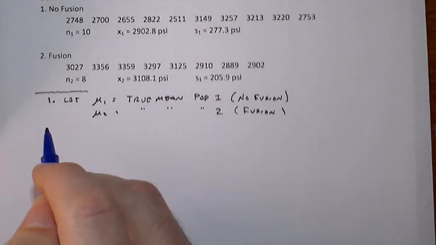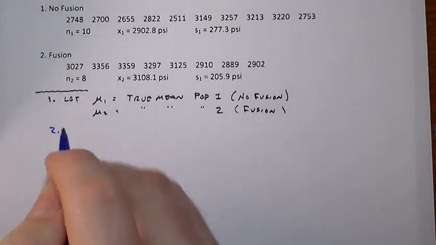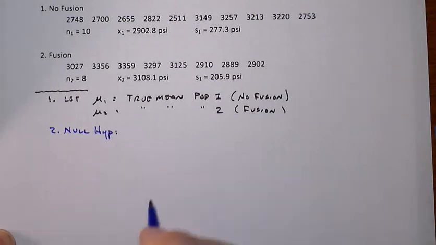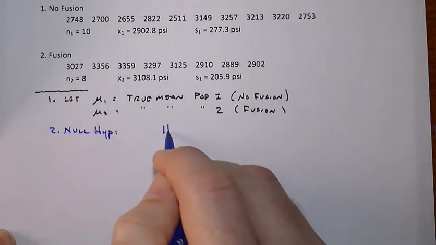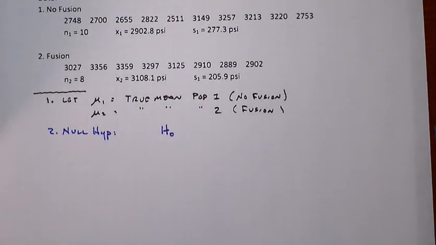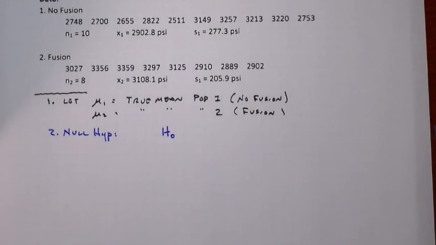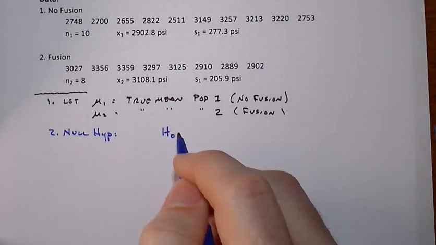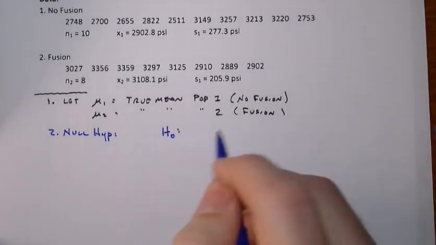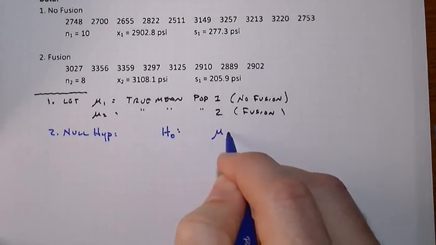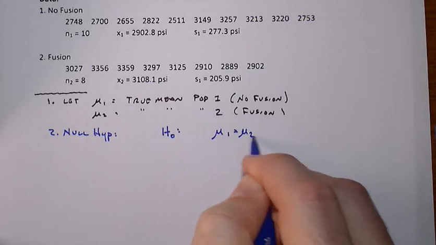Now as we start thinking about our null hypothesis, for which we're going to end up testing, it might seem obvious that what we want to do is demonstrate that this new process actually does have an influence, and an influence in the direction that we would desire, that is increased tensile strength. But what we're actually going to do is set the null hypothesis to be that the two population means are the same.